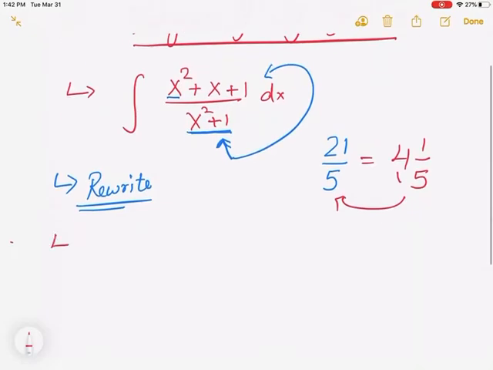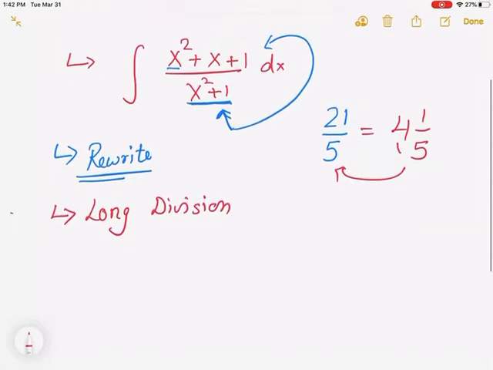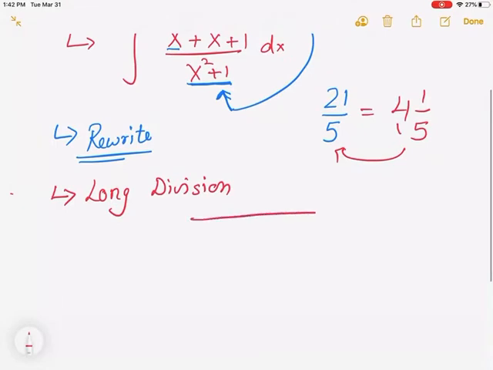How do we rewrite? For that, you need to divide this function. And we have to do long division because remember the divisor is bigger than 1. So if divisor is higher than 1, you have to do long division. So let's divide this function. I have x squared plus x plus 1, and I have x squared plus 1 outside.